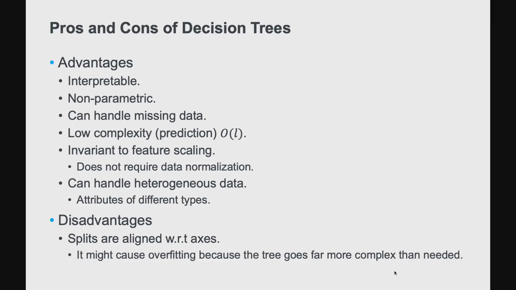It is non-parametric. I think we have not discussed that very much, but sometimes we use parametric distributions like a normal distribution in order to produce a machine learning classifier or regression.